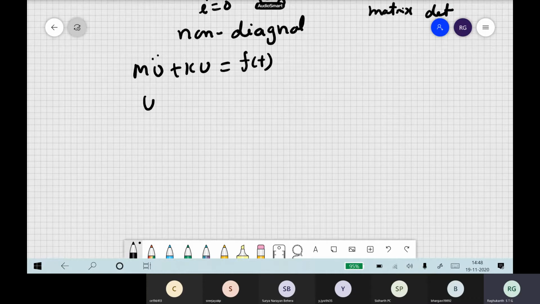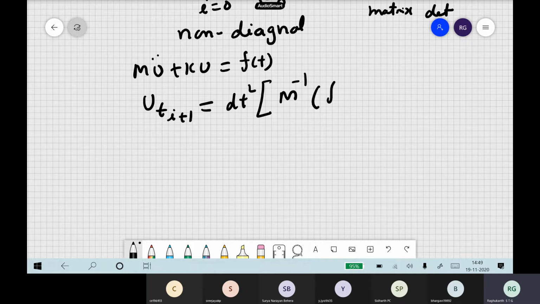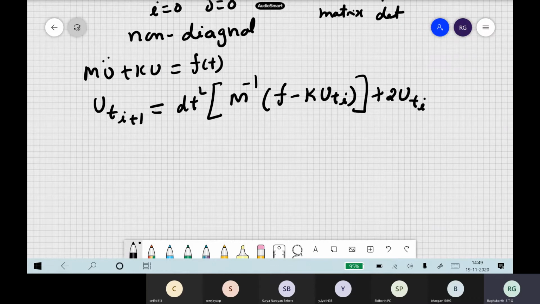So now I can use my central difference scheme to find out the displacement. Using central difference scheme, dt square, then inverse of the mass matrix, then we had f minus K u at ti, okay, plus 2 times u of ti minus u of ti minus 1.